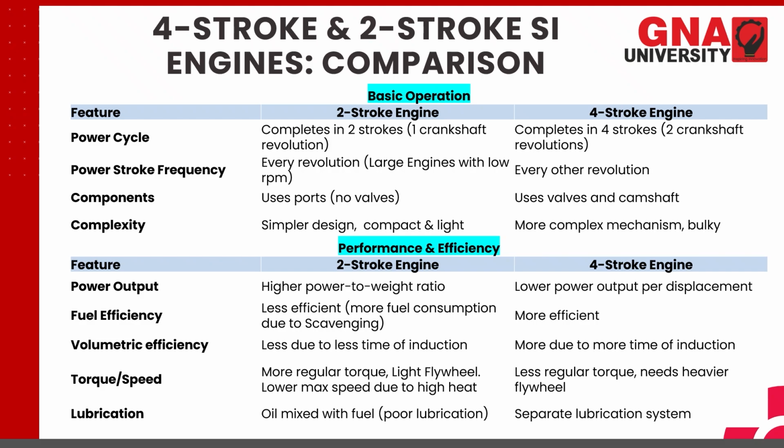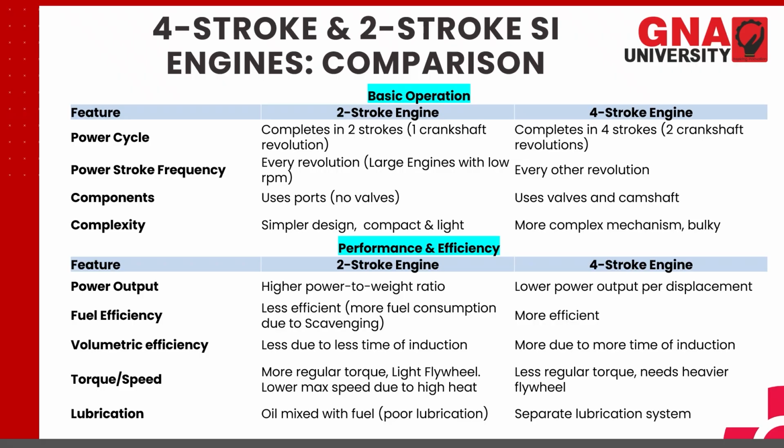So it uses valves and camshaft, a complex mechanism, and it is bulky. Why is it bulky? Since it is delivering only 1 power stroke in 2 revolutions, it needs a larger flywheel for its movement.